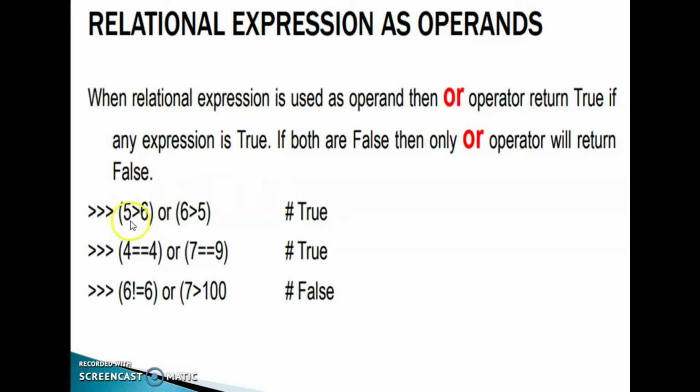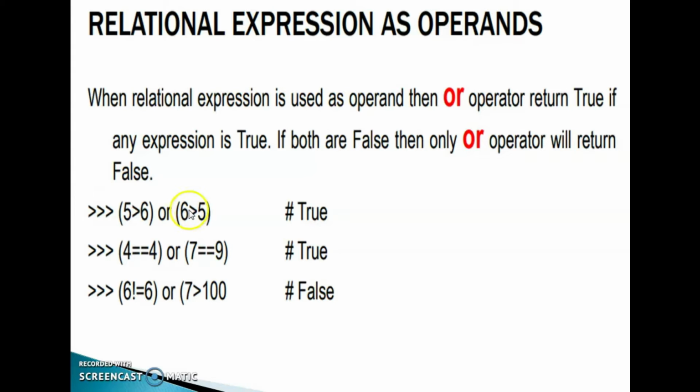Check this one. 5 greater than 6 or 6 greater than 5. 5 greater than 6, that condition is false. Then 6 greater than 5, this condition is true. The OR operator will return true if any expression is true.